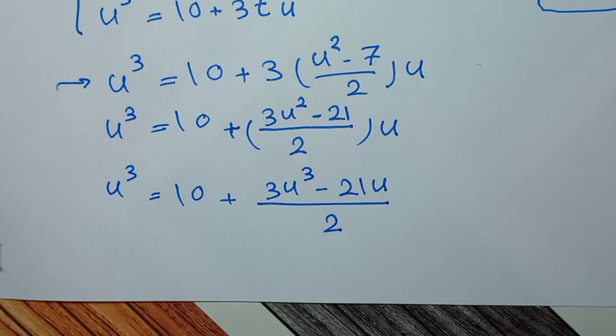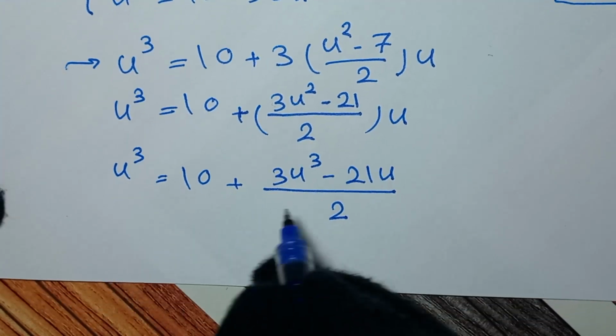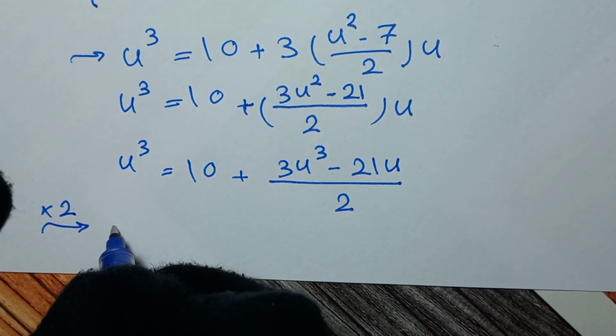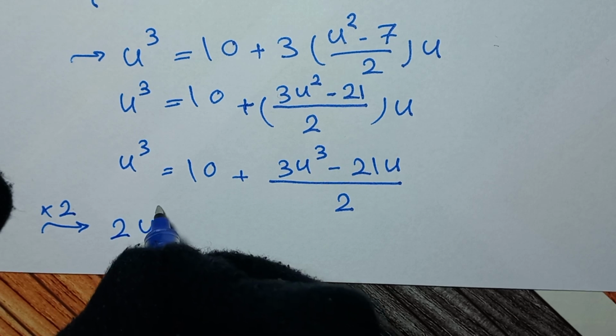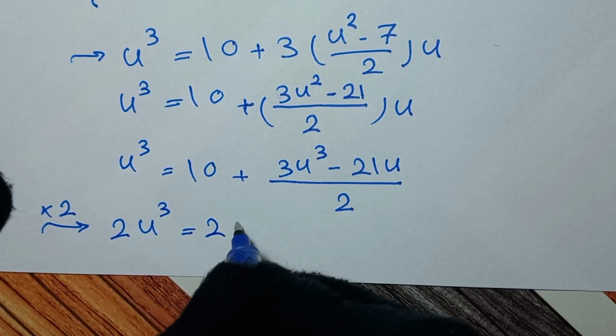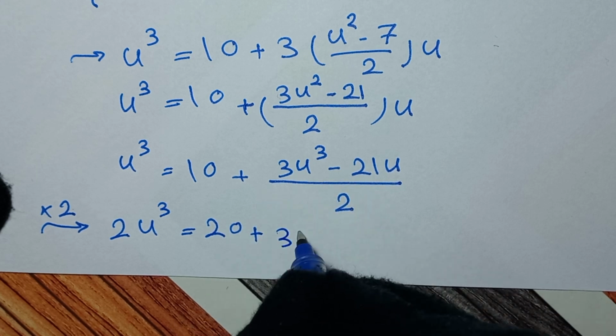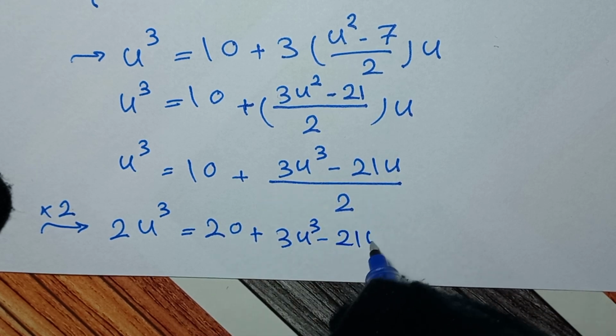And in the next step, we multiply both sides of this equation by 2, so it will be 2u cubed is equal to 20 plus, this multiplied by 2, these two will cancel, and it will be 3u cubed minus 21u.